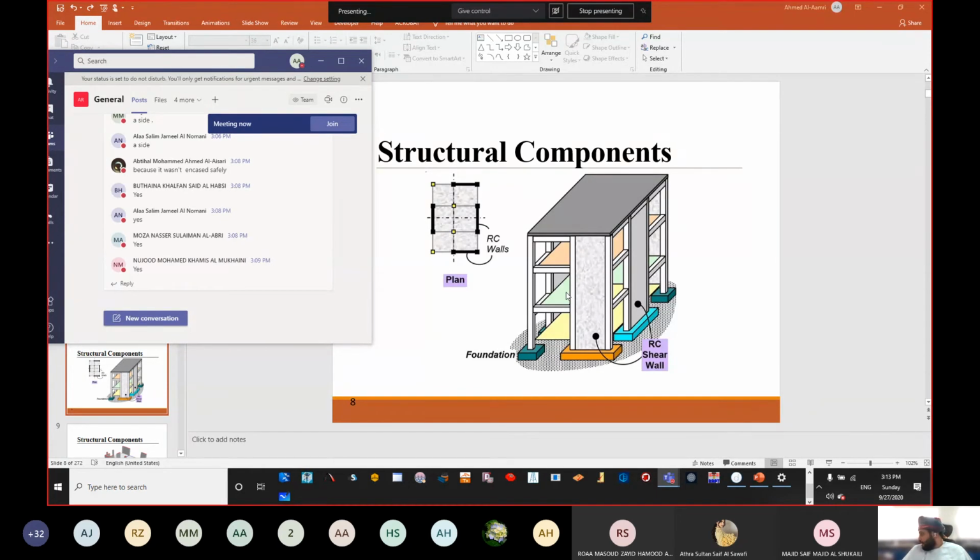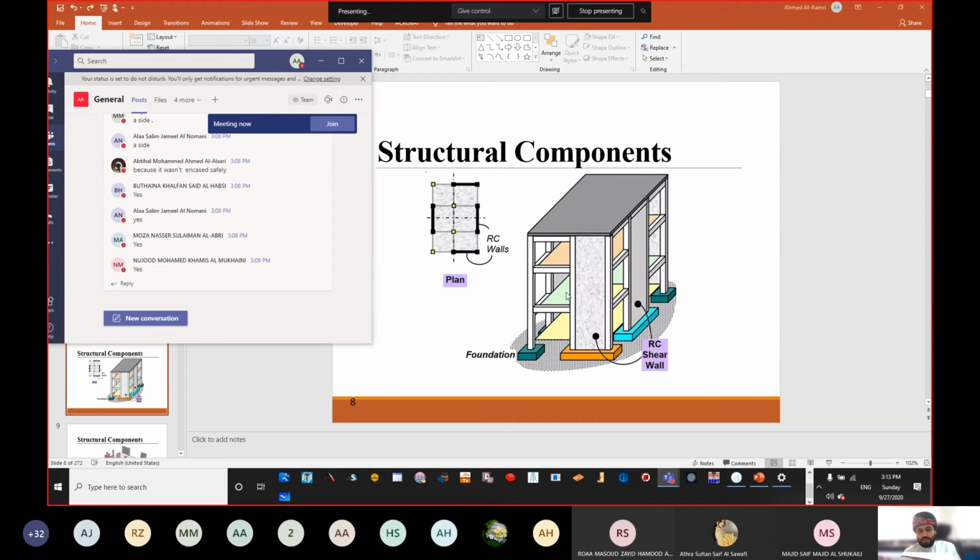So, for example, let's say that I have this particular paper. This is representing my structure now. This structure is able to take vertical loads without an issue, because it has been designed to.